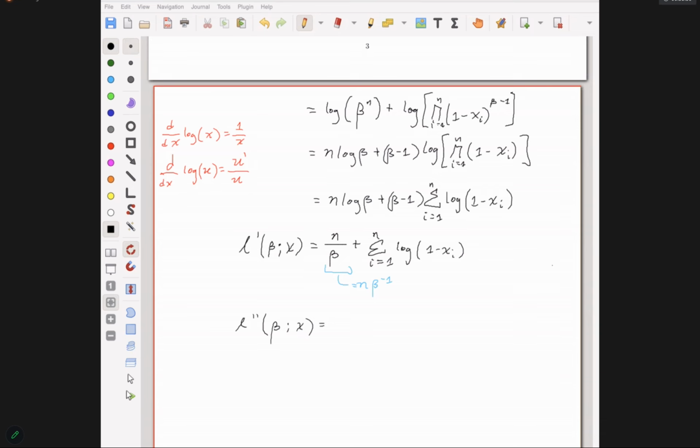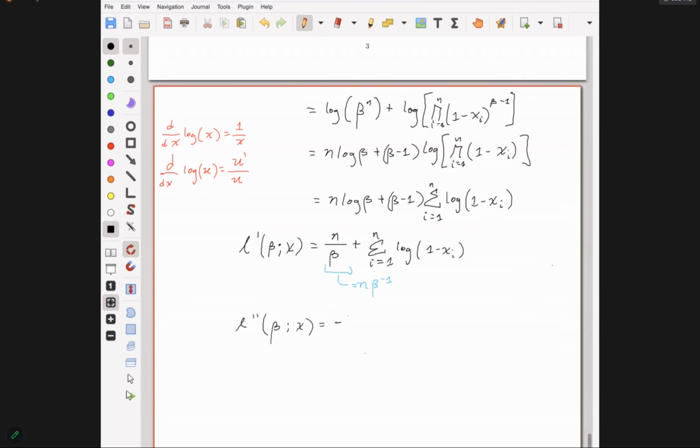It's going to be, like, we reduce the power.